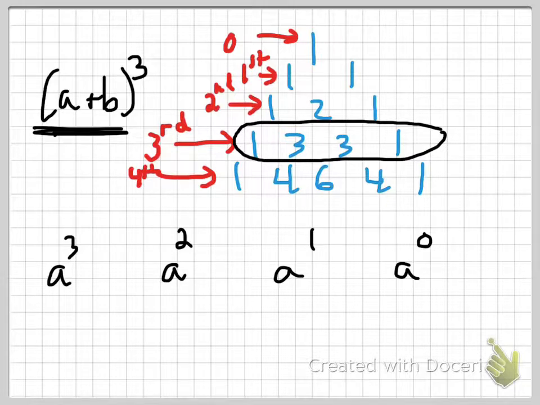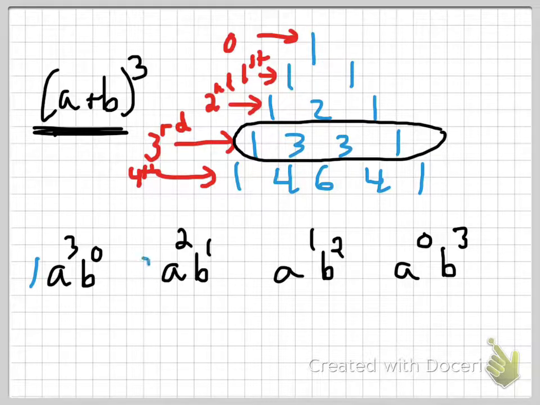Then you go backwards with the b's: b to the third, b to the second, b to the first, b to the 0. And then this 1, 3, 3, 1 from the triangle goes in front. Those are the coefficients. And all we have to do is add these terms together.